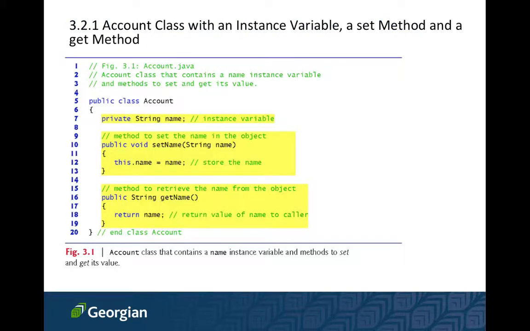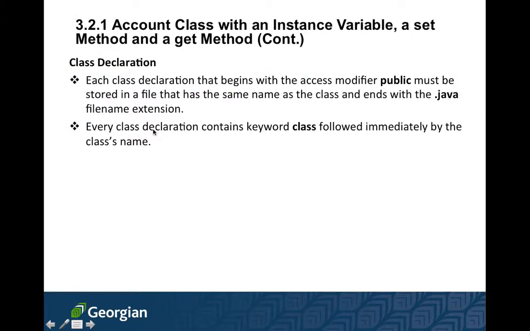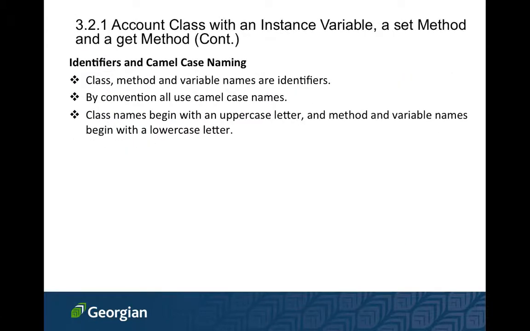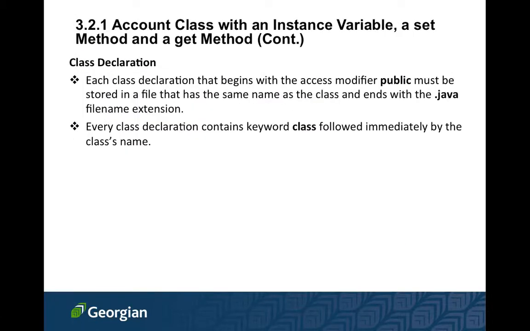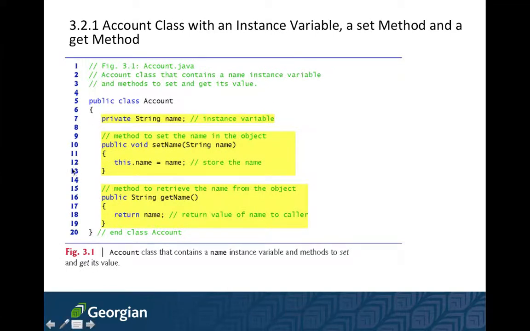An example of this, if you remember from previous times, was a method to set the name in the object, so setName, and here's getName. If you notice, we'd love to have a getter and setter type keyword, but we're not using that here. So there are two different methods.